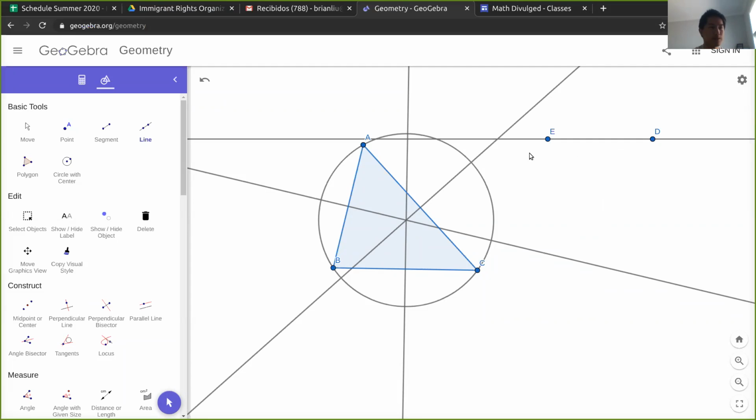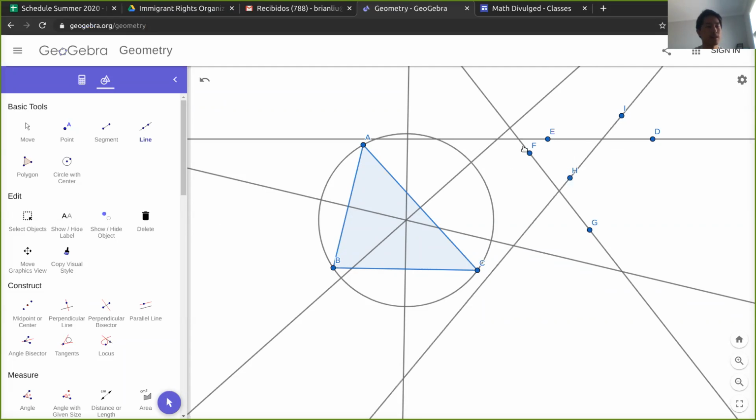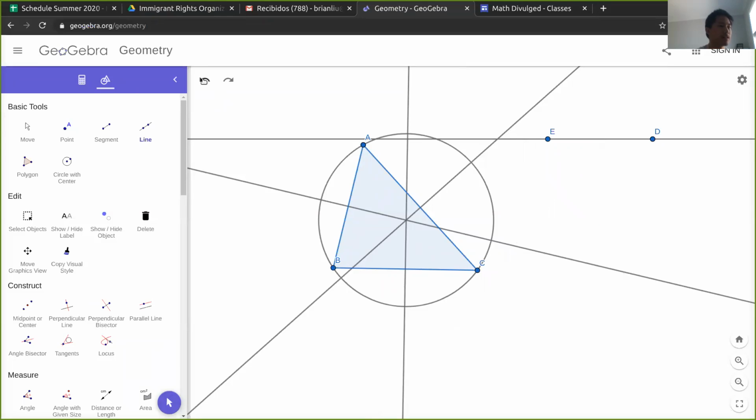If you have any three lines, like this one, this one, and this one, they likely form a triangle or something else. They likely don't concur at one point. So the fact that these perpendicular bisectors of AB, BC, and CA concur at one point is also something special. Like we were talking about cyclic quadrilaterals, this concurrence is also pretty special. And please don't spam the chat.